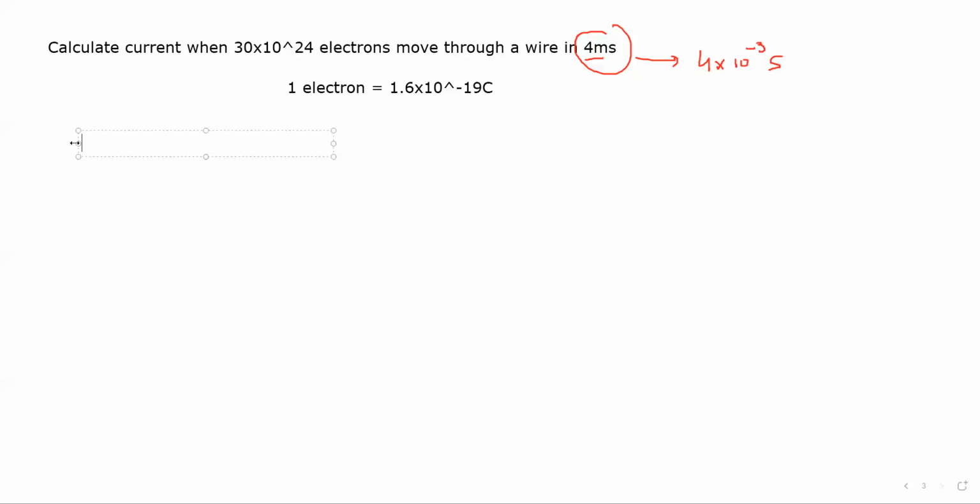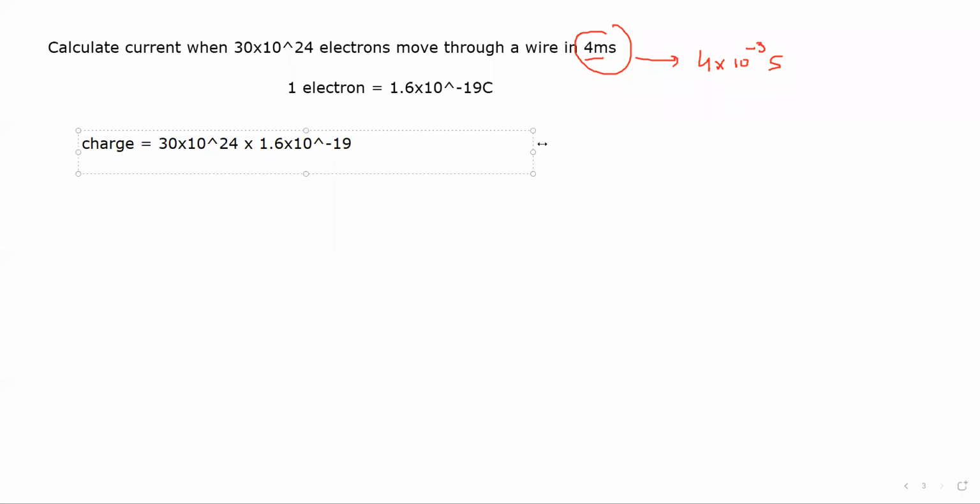So first, you will find the total charge. The charge is this many electrons, 30 into 10 power 24, multiplied by 1.6 into 10 power minus 19. I will check this part, minus 19. What is the answer for this calculation?